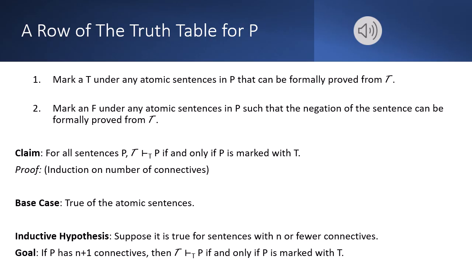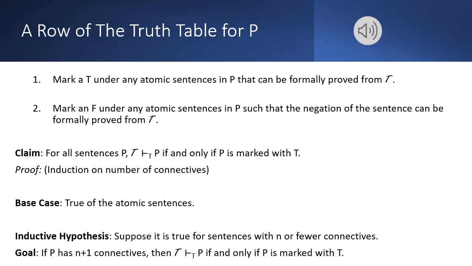And so the first thing that you would have to do is list those on the left side of your truth table and then enter all the various truth combinations, there being 2 to the n different rows where n is the number of atomic sentences. But again, here we would focus on just one row. And it would be the row where we would place a T under any of those atomic sentences that can be proved from script T.